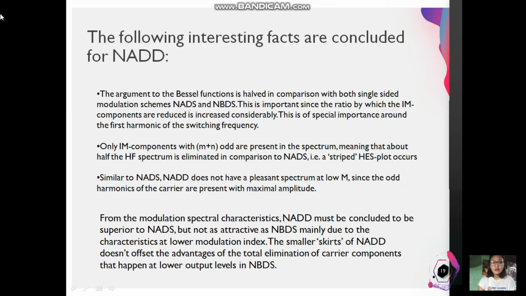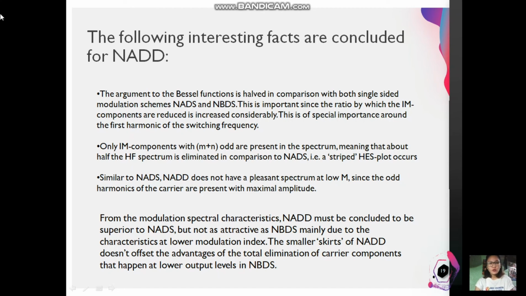The argument to the Bessel functions is halved in comparison to both single-sided modulation schemes, NADS and NBDS. This is important since the ratio by which the IM components are reduced is increased considerably. This is of special importance around the first harmonic of the switching frequency.